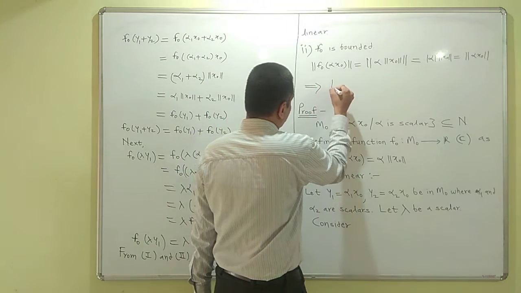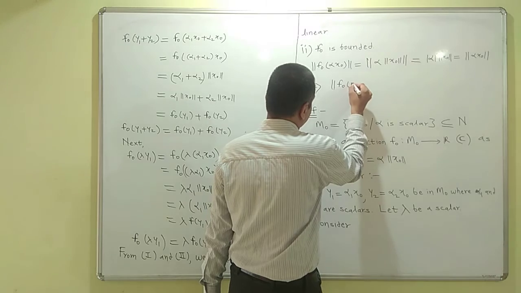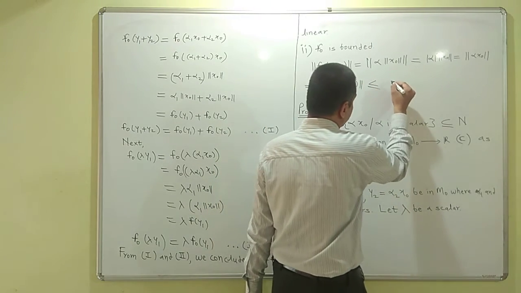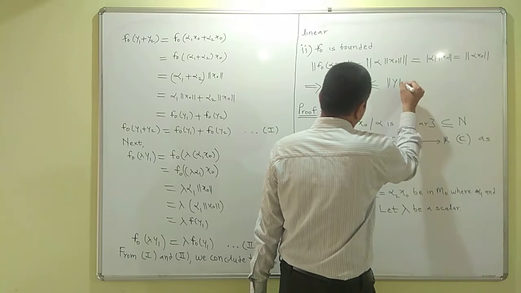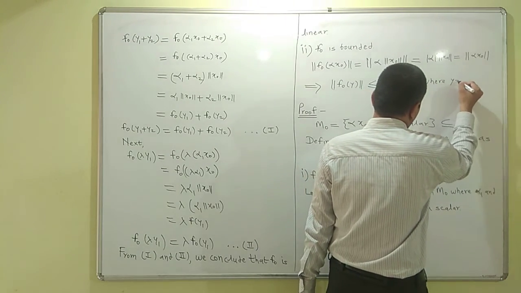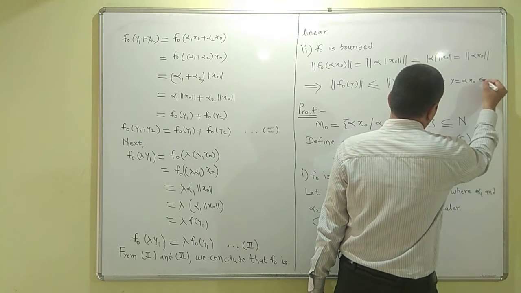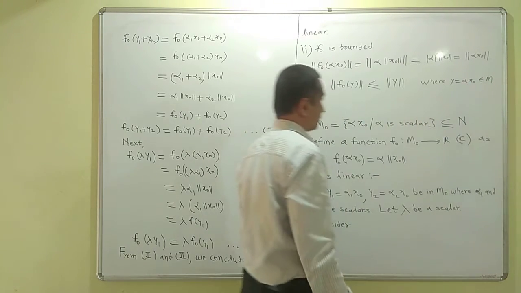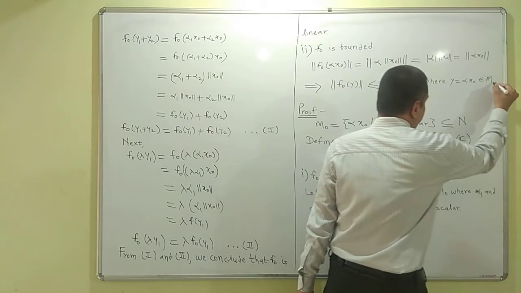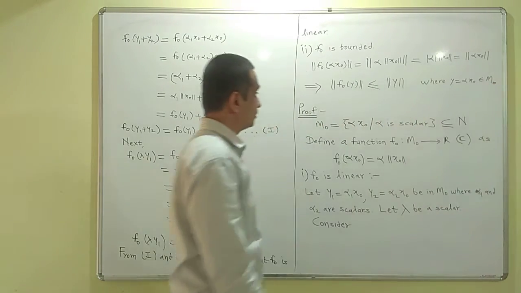This implies norm of f0 y is less than or equal to norm of y, where y is equal to alpha x0, which belongs to M0. What is the definition of a bounded functional?